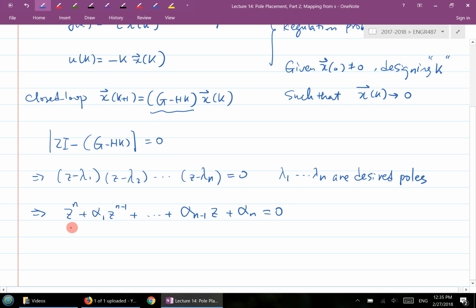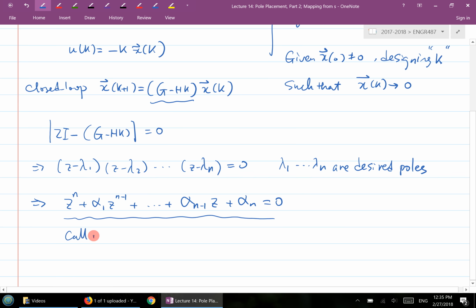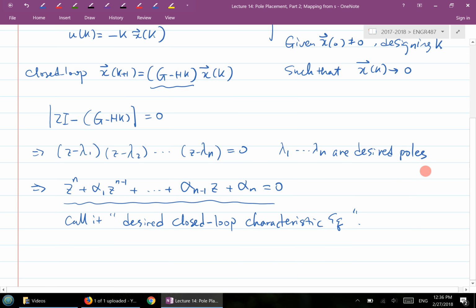This one we can call the so-called desired closed loop characteristic equation. This is important. This is general, with order n here. If n is equal to 2 or 3, you can simply shrink that to the appropriate order. So this is the bigger picture.